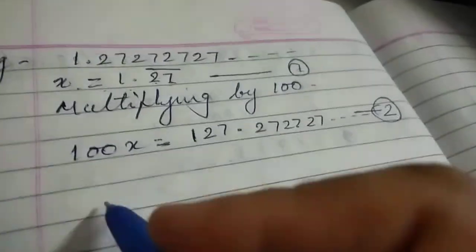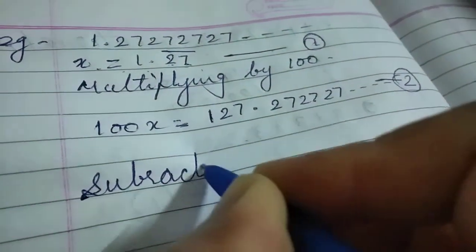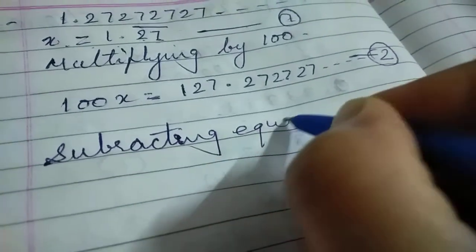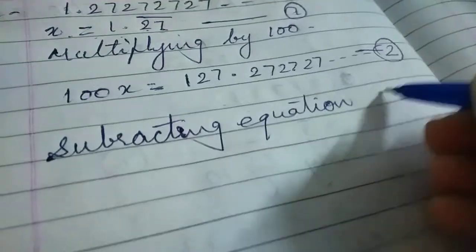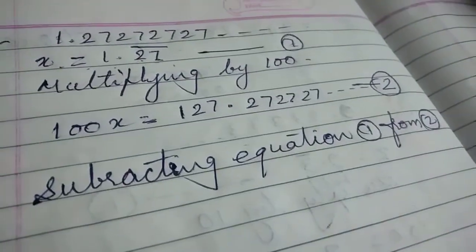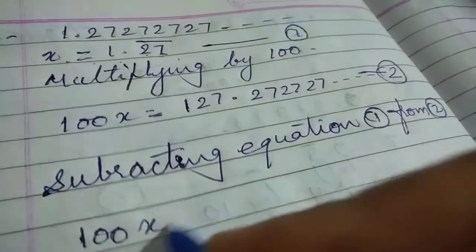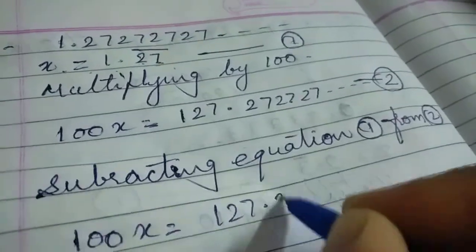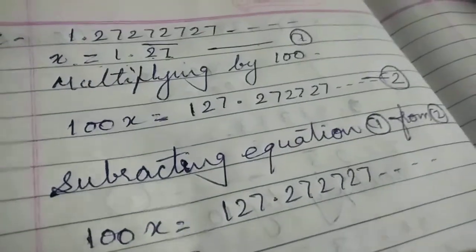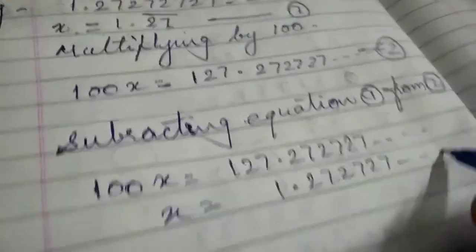Now subtracting equation 1 from equation 2. First we write equation 2, 100x is equal to 127.272727 and so on, and x is equal to 1.272727 and so on.